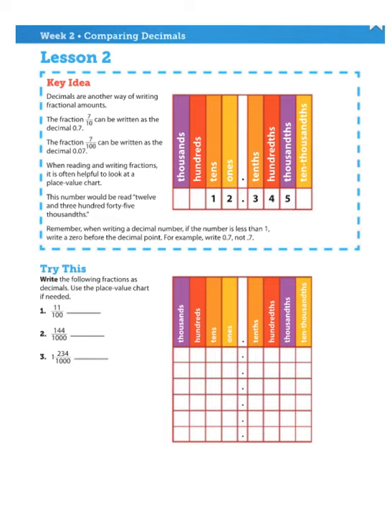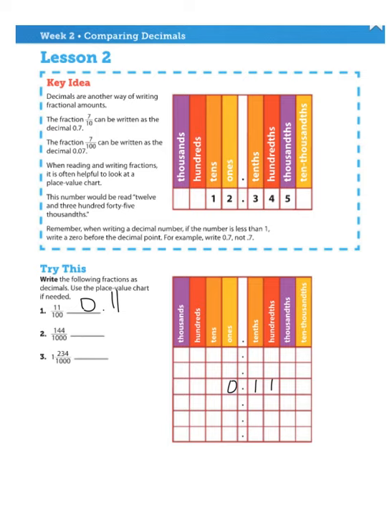So if I take, I gotta get out my calculator, 11 divided by 100, I'm going to get 0.11. So on my place value chart, I'm gonna do that one on this row. That would be 0.11. So that would be 11 hundredths.